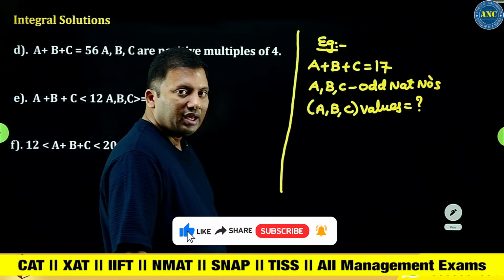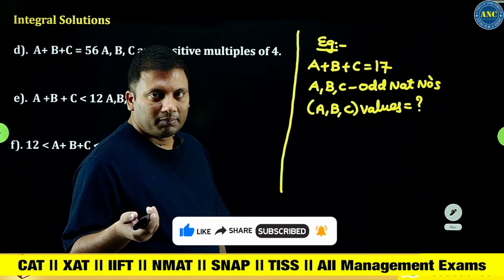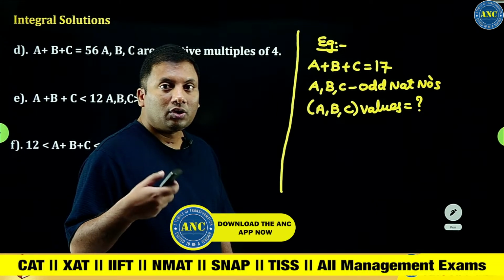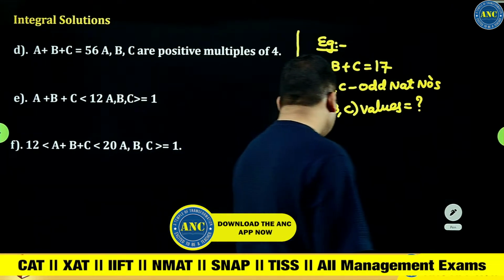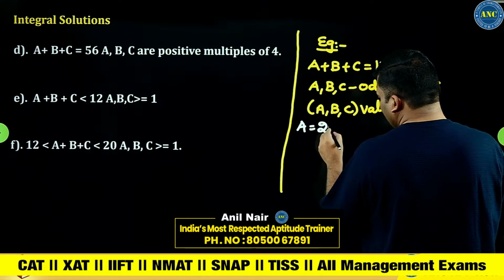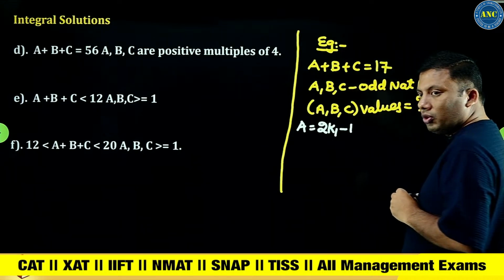Now see here, A, B, C are odd numbers. We all know that any odd number can be represented as 2k plus 1 or 2k minus 1. So I will take it as 2k1 minus 1. Sir, why are you not taking 2k plus 1?